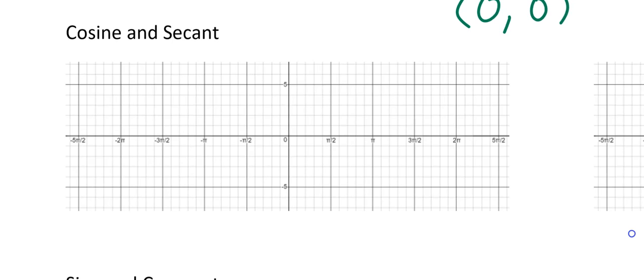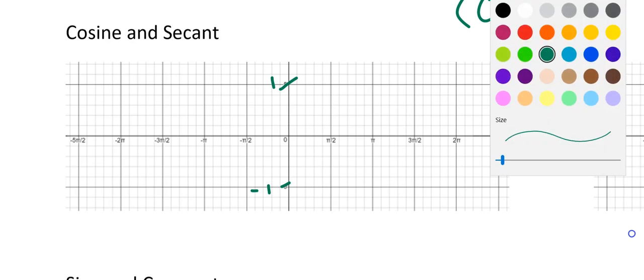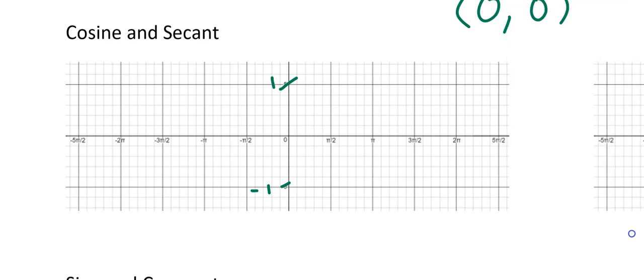Okay, how about cosine? Do we know how to graph cosine here? Let's change this to a 1, and we'll change that to a negative 1. Okay, do we remember how to graph this thing? And we got a cosine, right? What's the period of a cosine wave? 2 pi, right? And so we would do things like this.